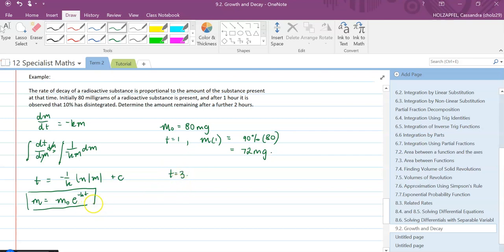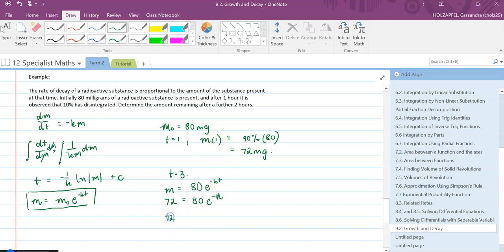So let's substitute the information we know into this equation. We know that m is equal to 80 e to the negative kt. Let's use the information at time 1 to determine our value for k. So 72 is equal to 80 multiplied by e to the power of negative k, because our value for t is just 1.